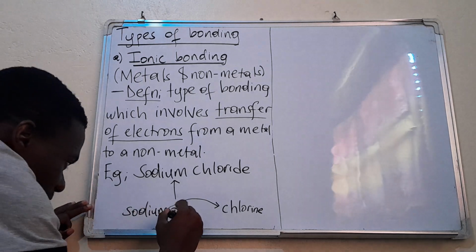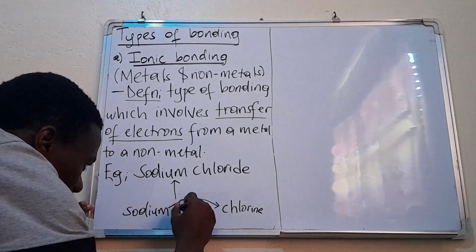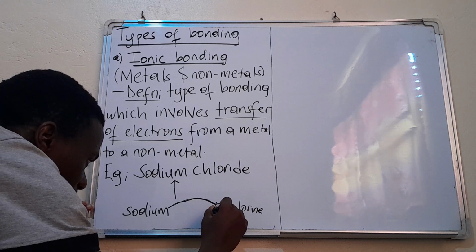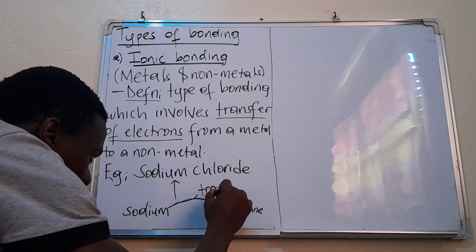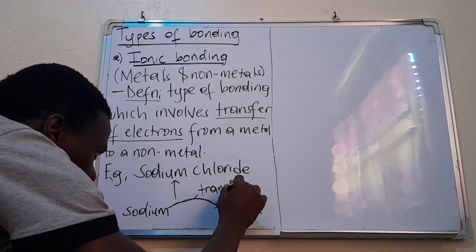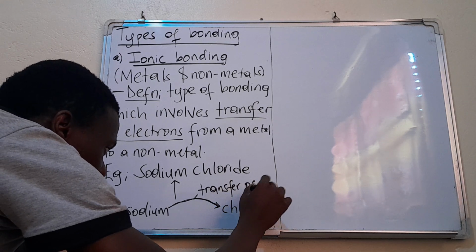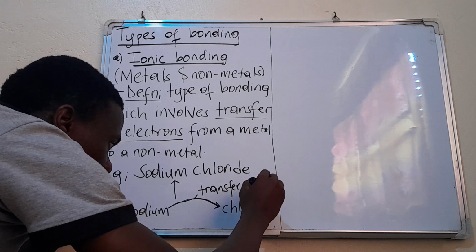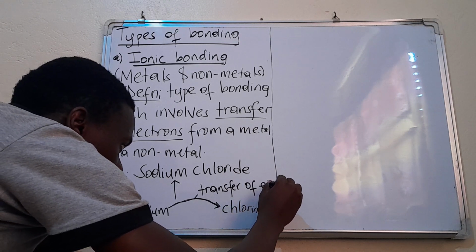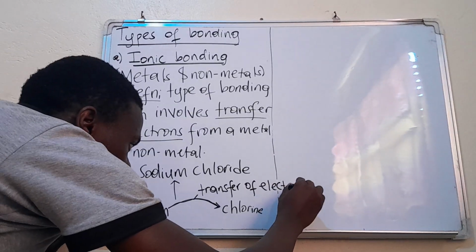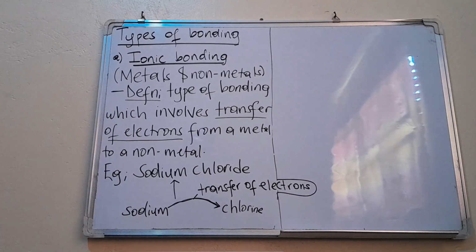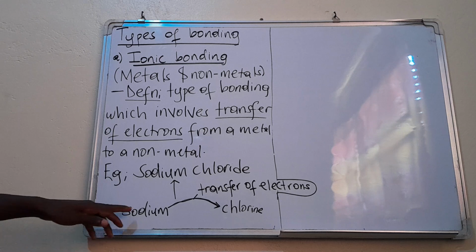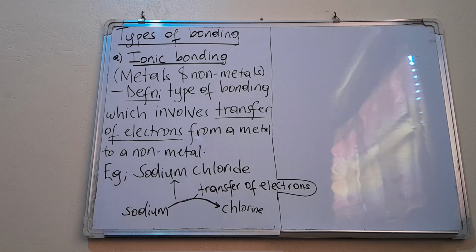This arrow here is demonstrating transfer of electrons from a metal to a non-metal, which is chlorine.